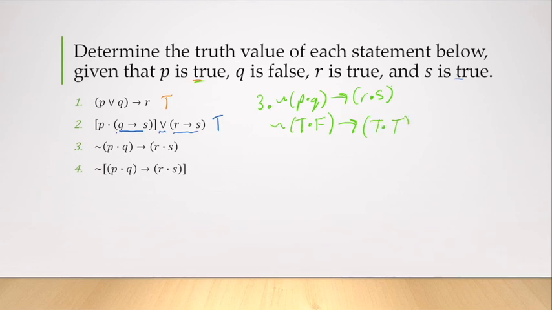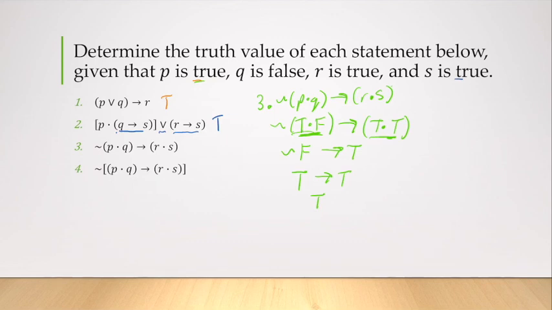So true and false, that's going to give me a false, but I have not false, which becomes a true. And this implies true and true, which is true. So now I have true implies true, which is also true.